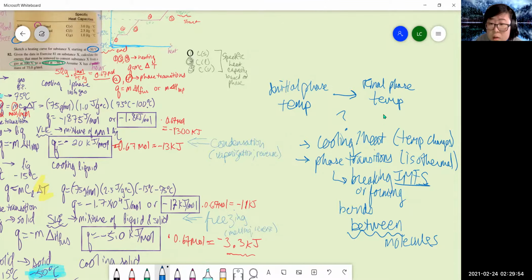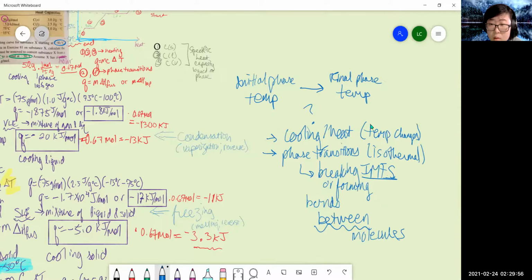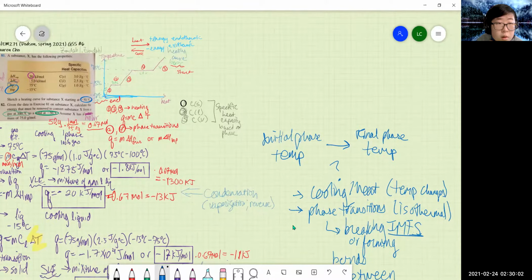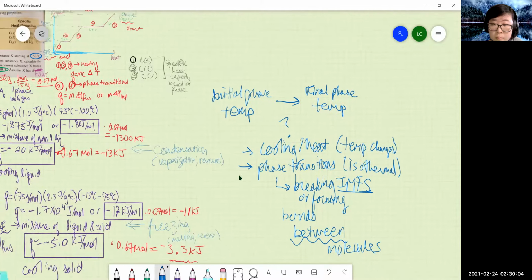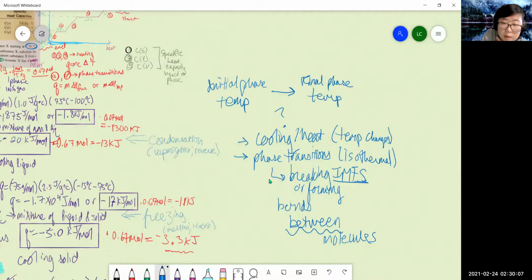And then I think that was it. Cooling and heating, and then you have phase transitions. And also the cooling and heating is strictly more of kinetic energy changes.